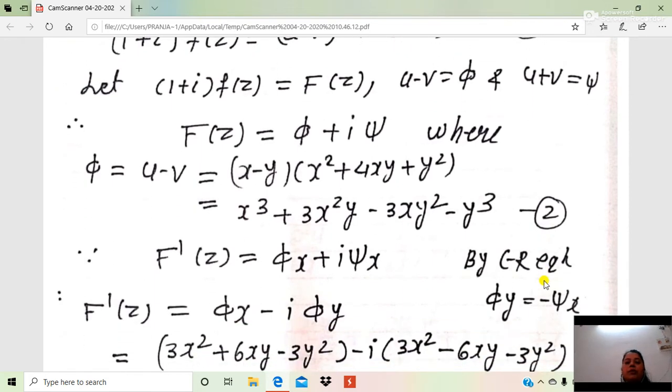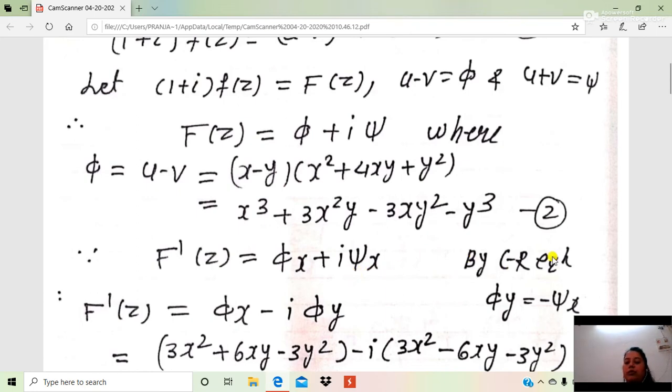Now we have to find the value of capital F(z) whose real part is given. So we use the formula f dash z is equal to phi x plus i psi x, meaning del phi by del x plus i del psi by del x. But we don't have the value of psi.